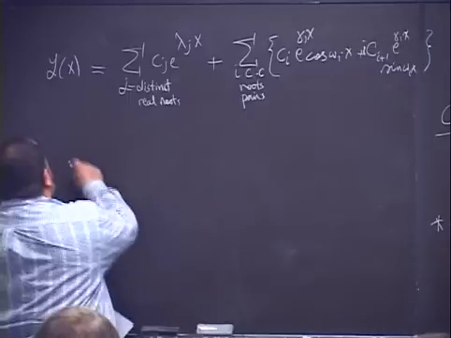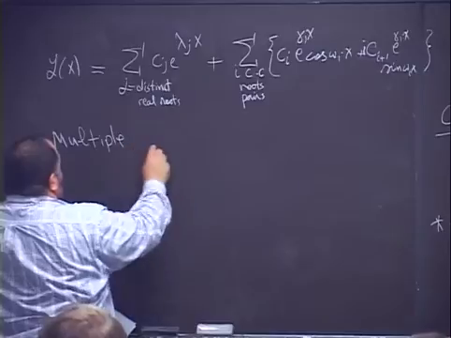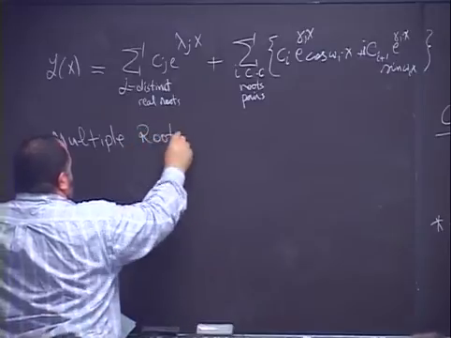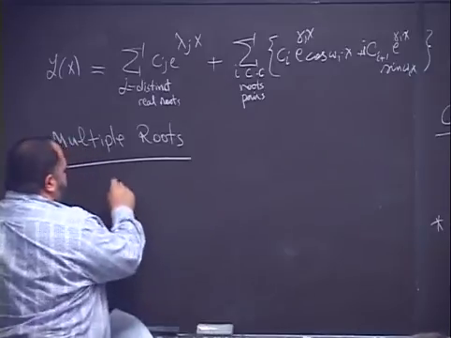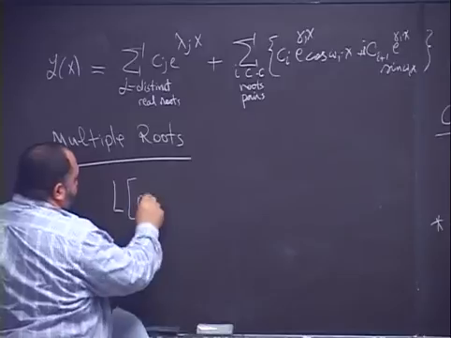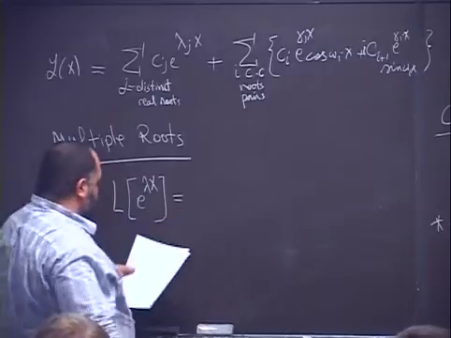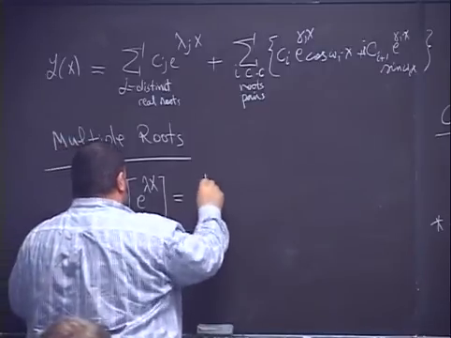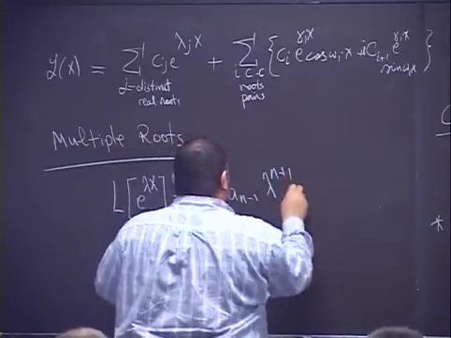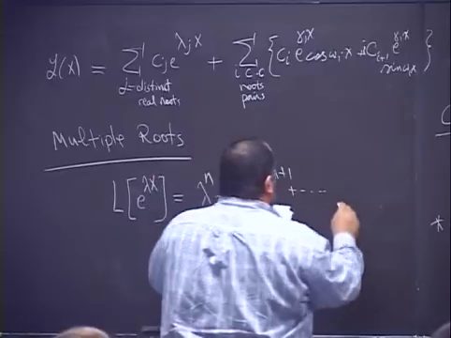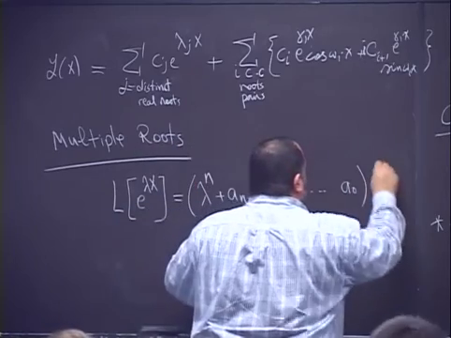So we will check now the case for multiple roots. We will suppose that L of e to the power of lambda x is lambda to the n plus a n minus 1 lambda to the n minus 1 plus up to a naught, all of this multiplied by e to the power of lambda x.